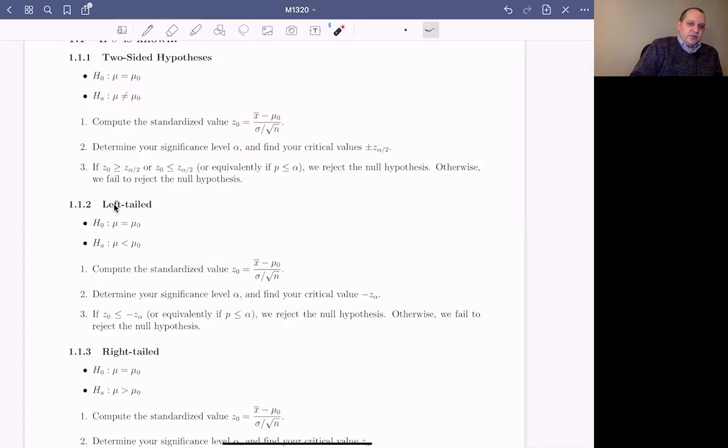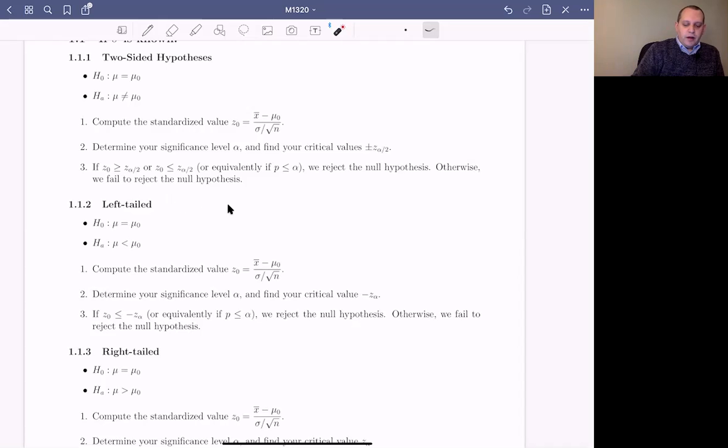Okay, so it turns out when you compute the standardized value, this is the formula that you'll use. And if you have a two-sided or a left-tailed or a right-tailed hypothesis test, you'll have different values to compare it to. So if you use a two-sided hypothesis and you have a significance level alpha, remember that the significance level is the probability of having a type 1 error.